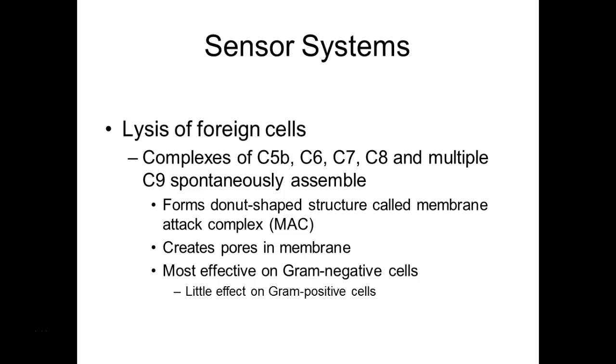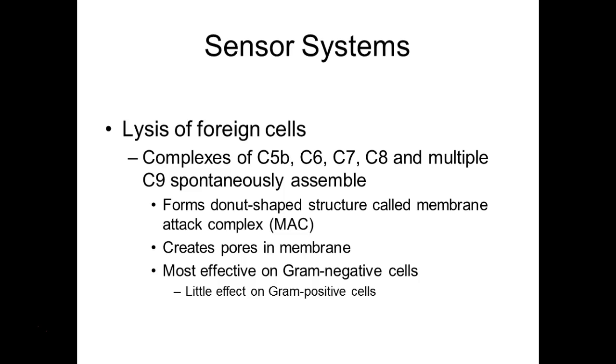So this membrane attack complex can attack that outer membrane. Whereas for gram-positive cells, it'd have to travel through what to get to the cell membrane? Through the cell wall, through that peptidoglycan layer. Not to say it can't be done, it's harder though. And so your gram-negatives are very susceptible to this membrane attack complex.